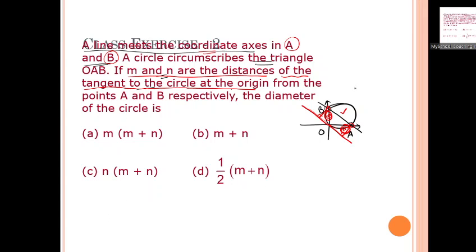So is the concept of the question clear? Do you understand the meaning of the question? Shall I go forward? Yes, sir.